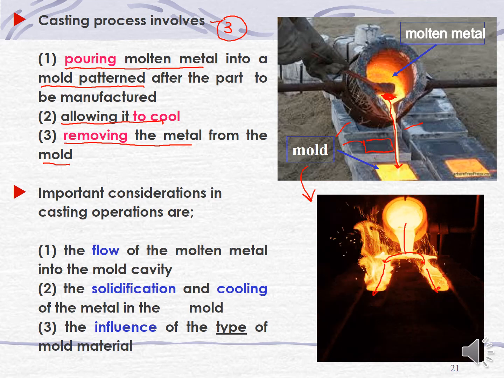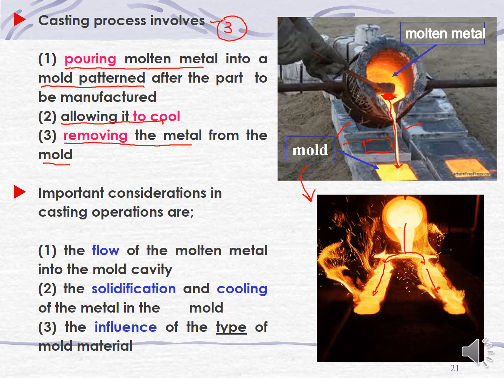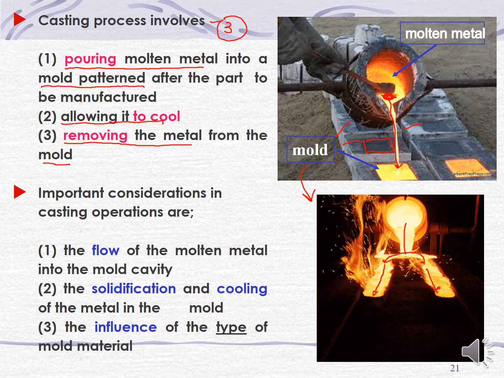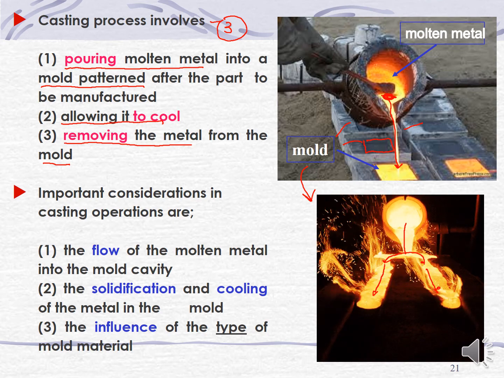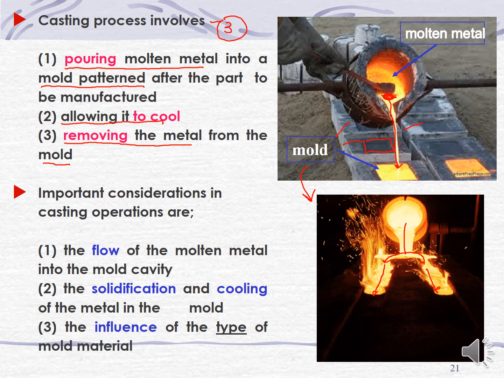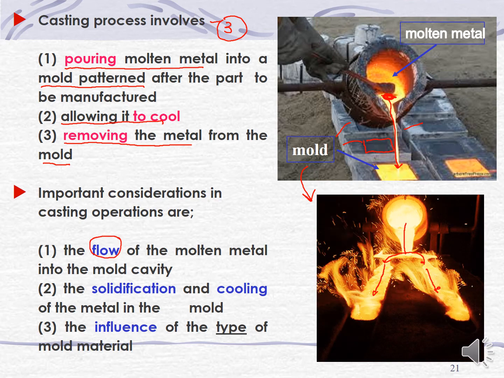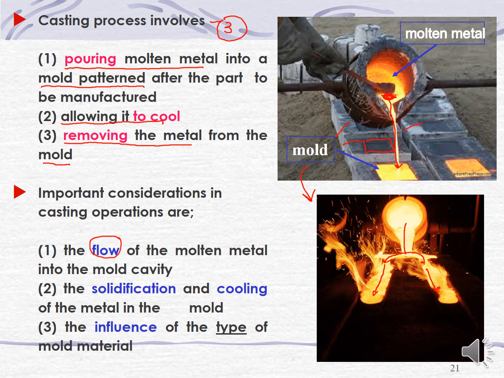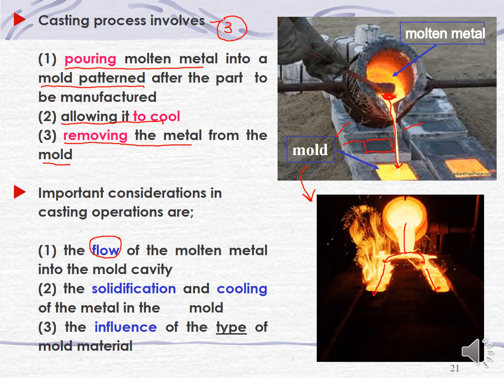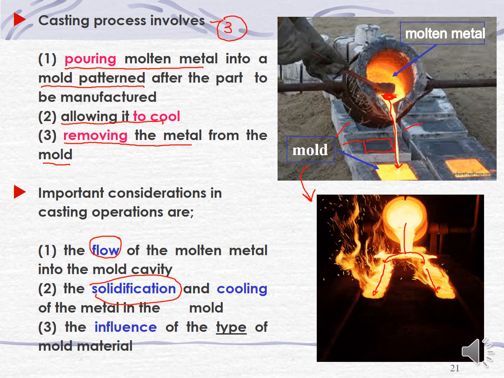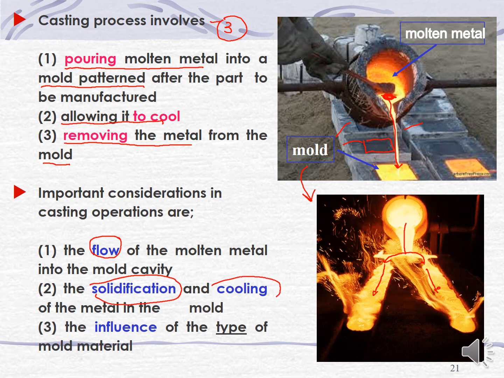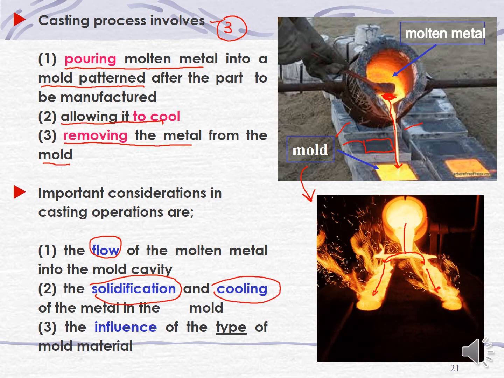There are 3 important factors we need to consider during this casting process. One is the flow of the molten metal into the mold cavity. Second is the solidification and cooling of the metal in the mold.